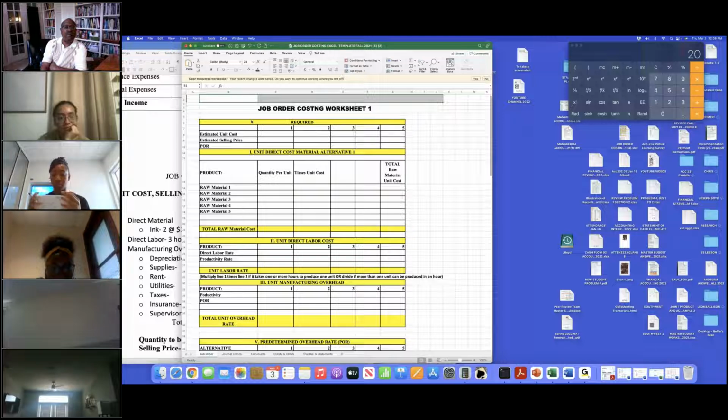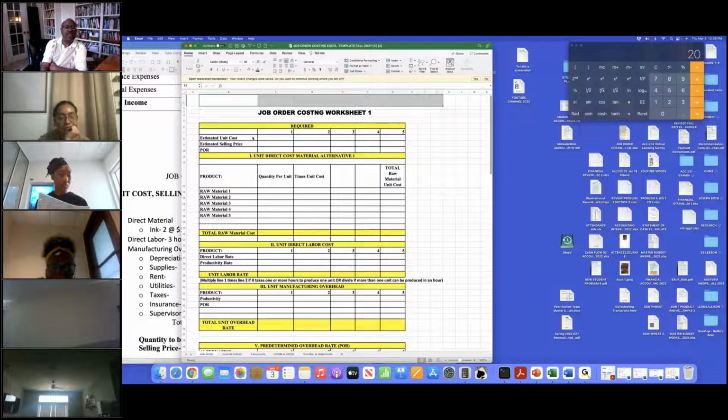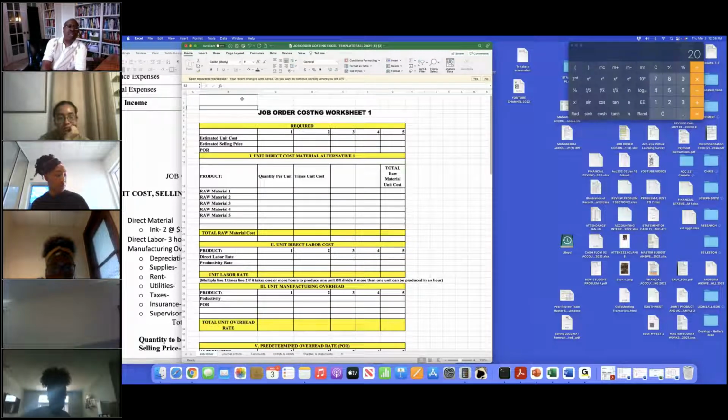Put those names, team number and the names, right in here on this job order worksheet. And when you save it, put your team number and name of the submitting person up here in your save information.